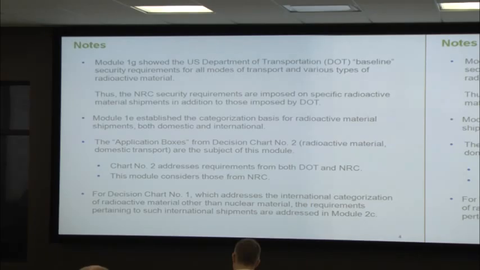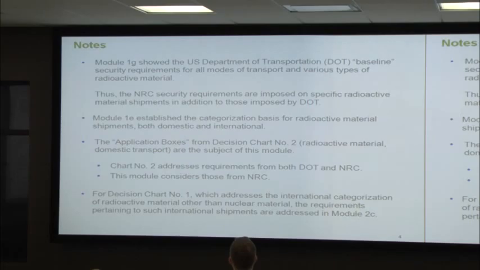As I've mentioned, Module 1G talked about the requirements that come out of the DOT regulations. Excuse me, Module 1E established the categorization basis, the decision chart that you saw there. And we'll be focusing on the application boxes from chart number 2 at this point.